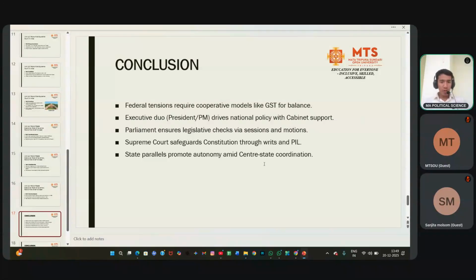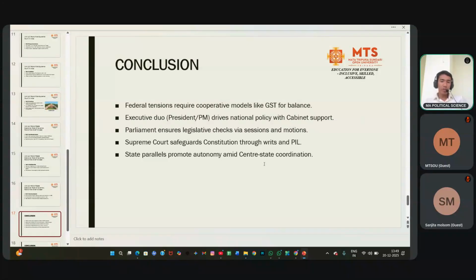And the role of the Supreme Court: the main function of the Supreme Court is to protect the constitution. Supreme Court का काम है संविधान को प्रोटेक्ट करना. So the Supreme Court is considered the guardian of the constitution and can give writ directions to the offices and can entertain public interest litigation, or PIL, through which vulnerable sections or minorities can be helped.